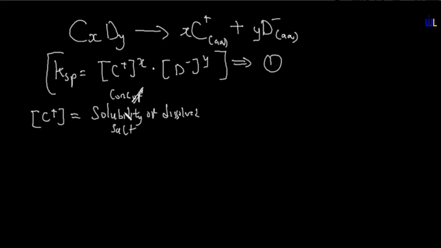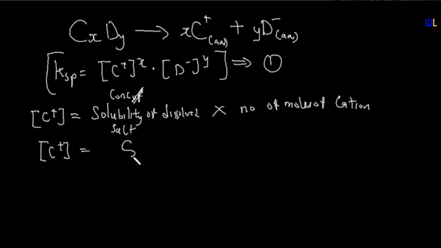Concentration or solubility of dissolved salt multiplied by the number of moles of cation. So anytime you are looking for the concentration of C, it's going to be S, which is the solubility of this salt that we dissolved. Remember, the salt is CxDy, multiplied by the number of moles. What's the number of moles of C? x. Is this clear?